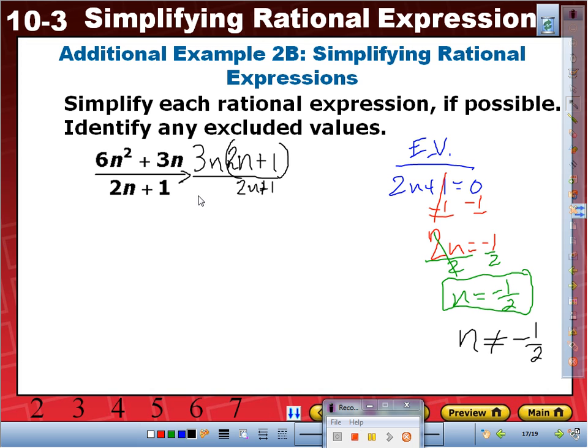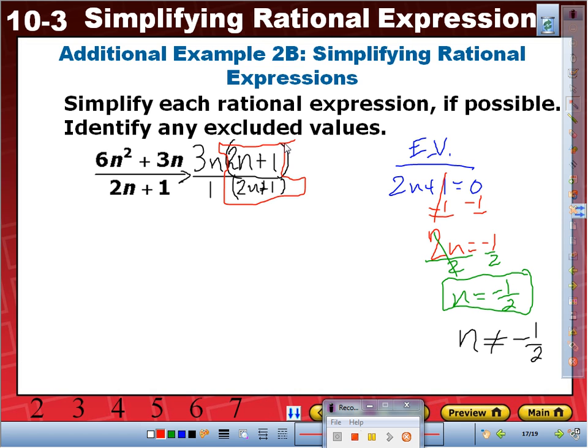So check this out. This is what I need you to do. When there isn't any GCF or any factoring to be done, I want you to write it with a GCF of 1 for these two. What would be the GCF for these two terms right here? 1. Okay. Now that we did that, can you identify the greatest common factor between these two? Yeah, which is this one.